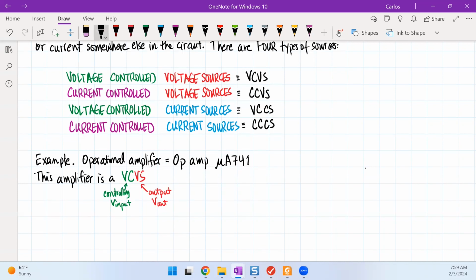So the way it works here is V out is going to equal V in, and then there's a scaling factor that's constant, where A is called the gain of the amplifier.